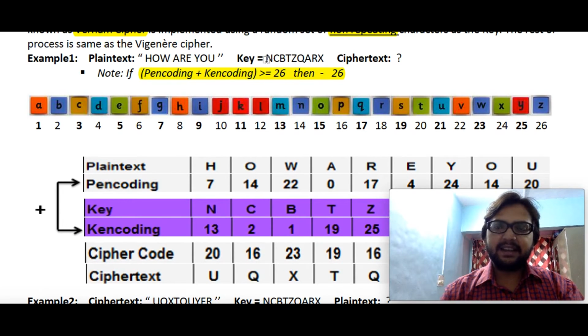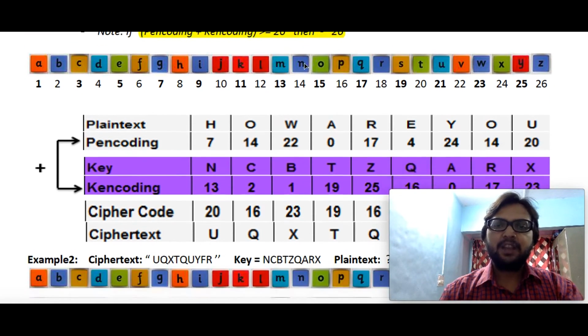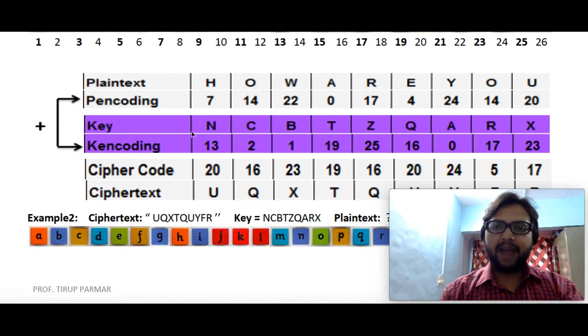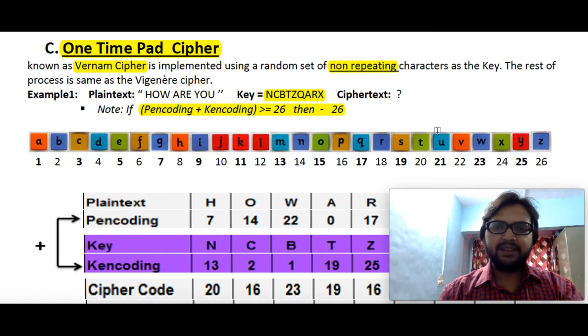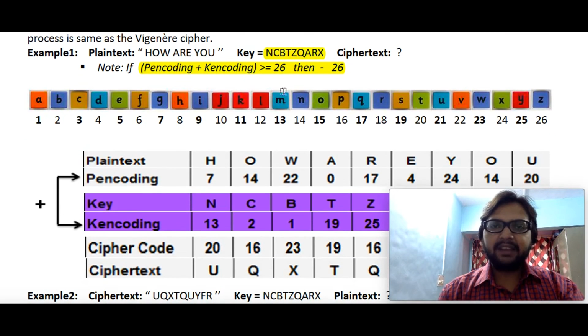So we have assumed some key here. As you can see here, our key is not a word, it is a random character block or set of characters. So N, C, W, anything you can just assume. So what we are going to do, we are going to write down numbers here. Now one of the most important parts, as you can see here, we have key and message. Both these things are of similar length.